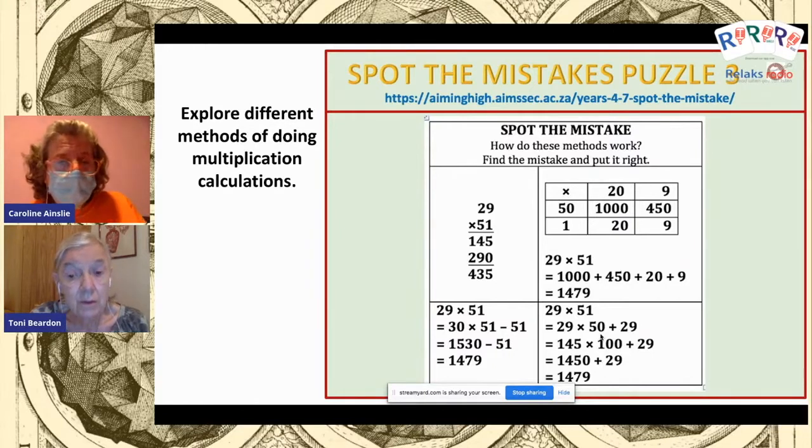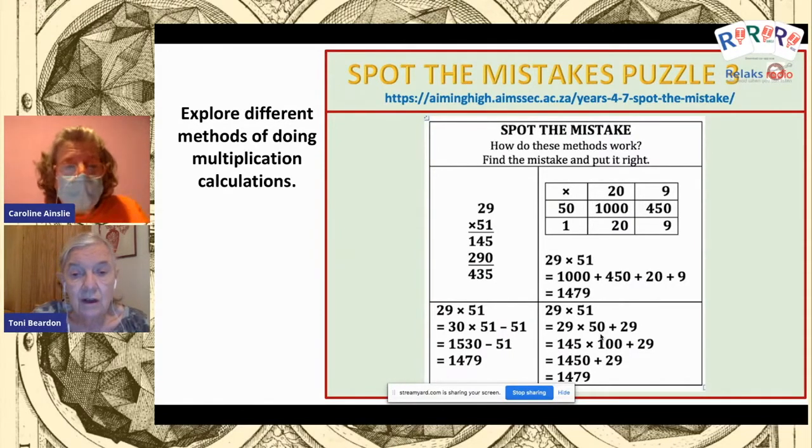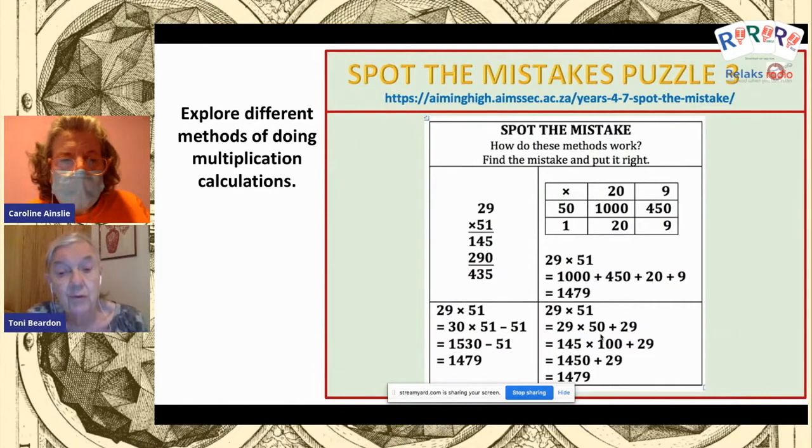Caroline, you need to spot the mistake. Have I got to spot the mistake? Right. Well, look at it again. The 29 times 51, which as you so rightly said was 29 times 50 plus 29. The next line is a mistake. Oh, I hadn't looked at the next line. Oh my goodness.